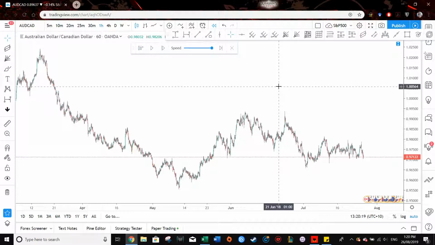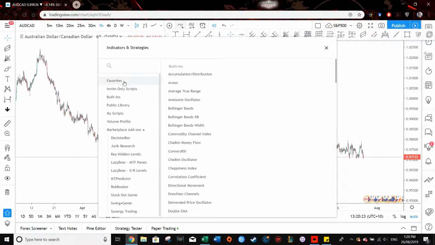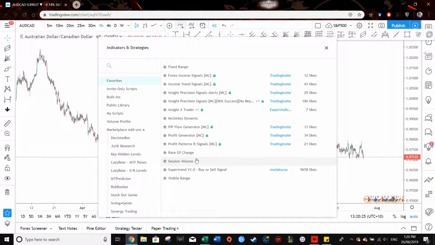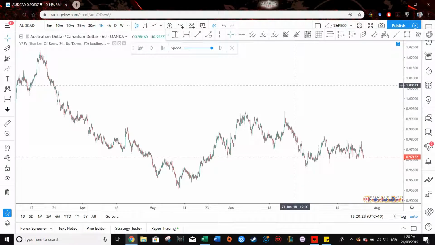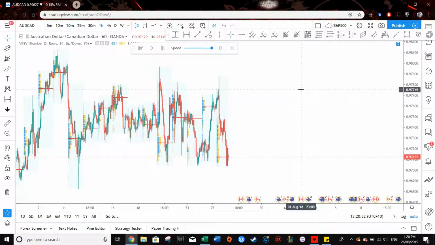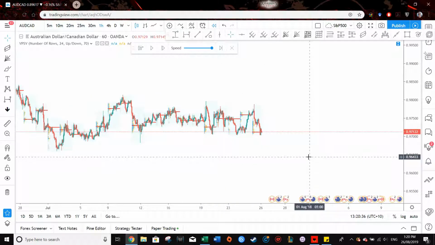Does anyone want to see anything put on the graph? Does anyone want to see anything put on? Sure. There you go. Session volume.